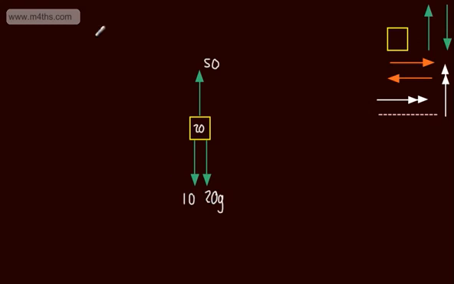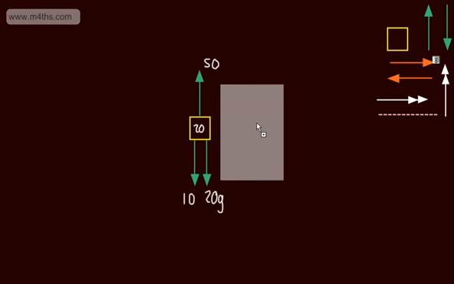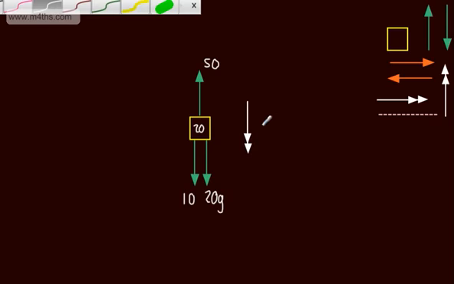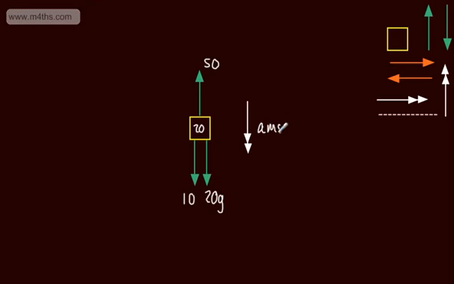Now we might want to find, given that it's accelerating, let's put an acceleration on. Let's spin this round, and we'll say it's an acceleration of a meters per second squared. We might need to find a. So using Newton's second law, F is equal to ma.